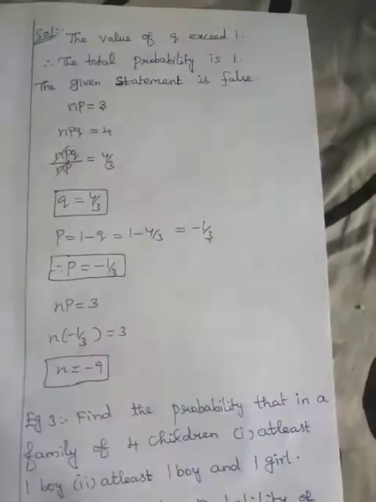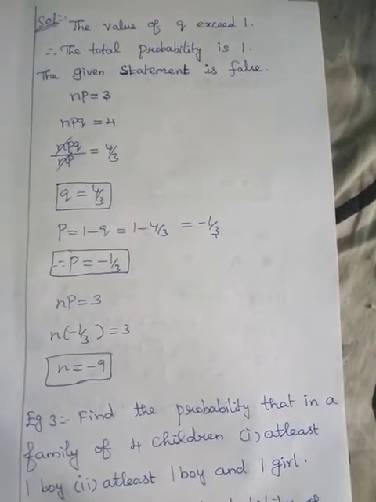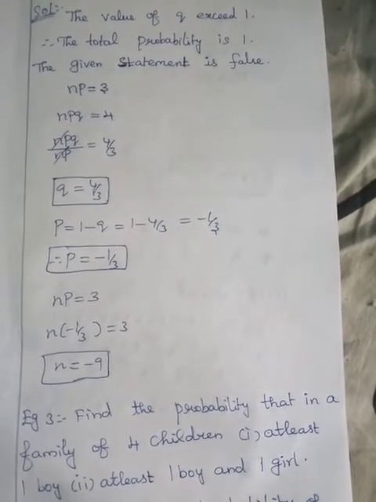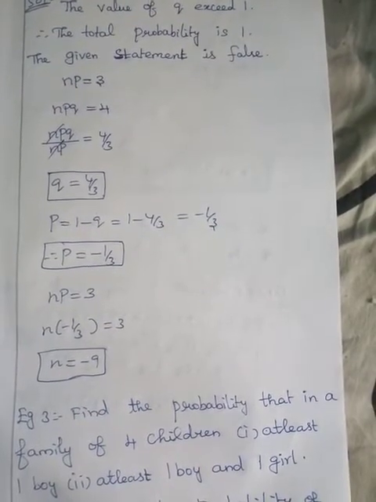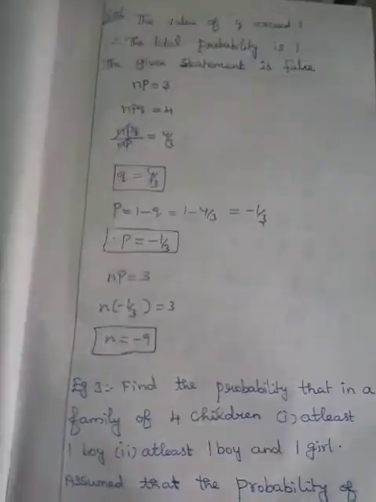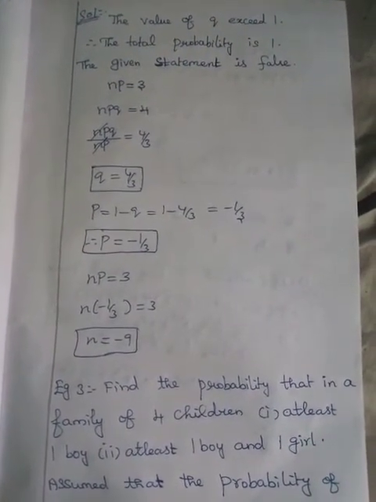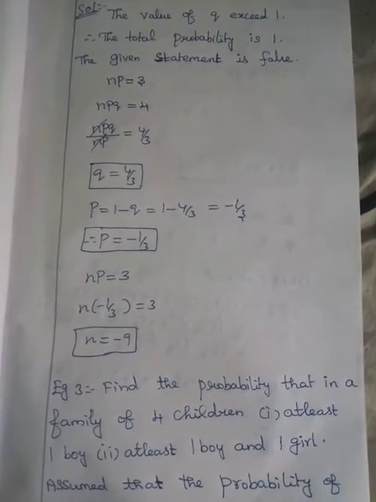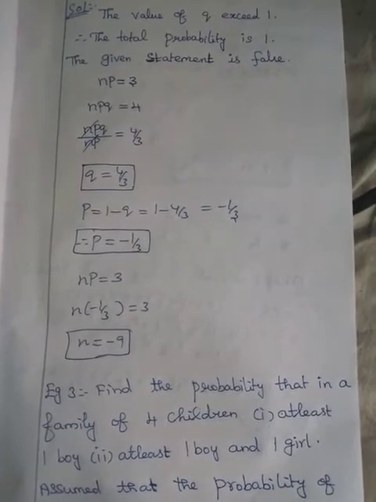Standard deviation means the square root of variance, so variance npq equal to 4. So npq divided by np is equal to 4 by 3. np cancel, so q equal to 4 by 3. So p equal to 1 minus q equal to 1 minus 4 by 3 is equal to, cross multiplying, 1 3s are 3, 3 minus 4 is minus 1 by 3.